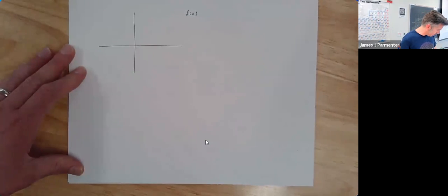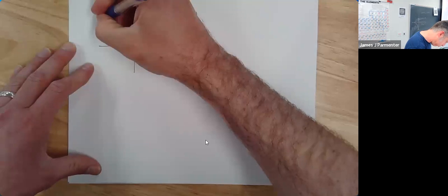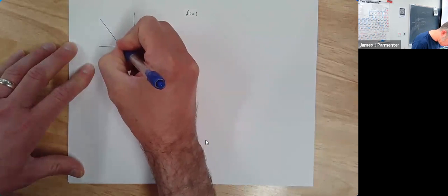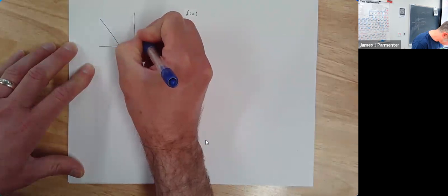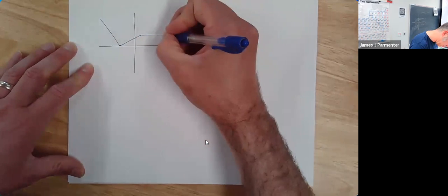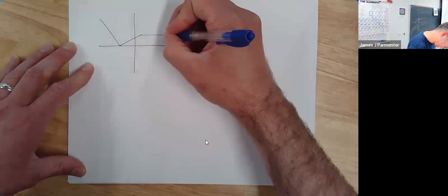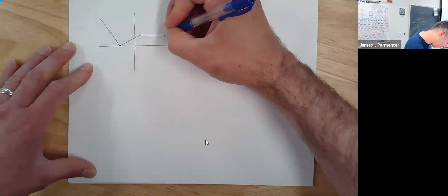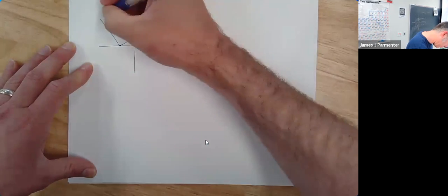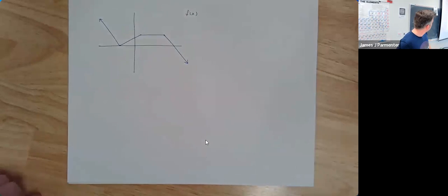F of x is going to look like this. Okay, there's my graph of f of x.